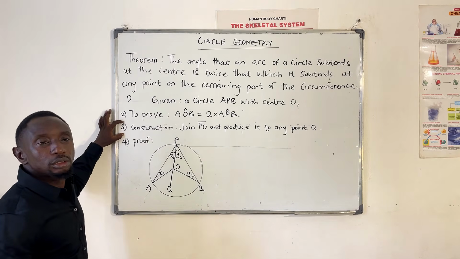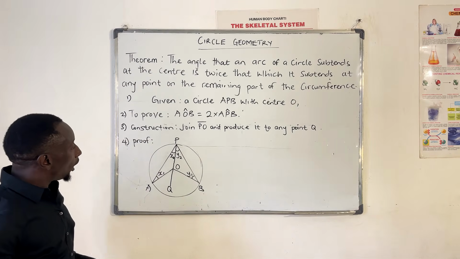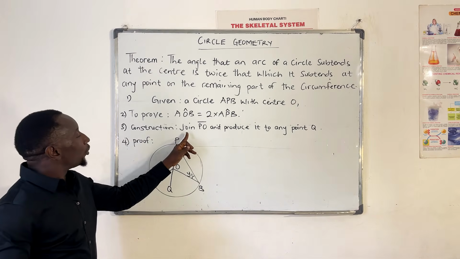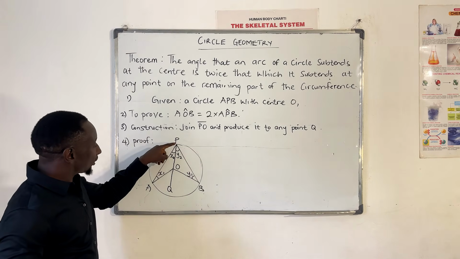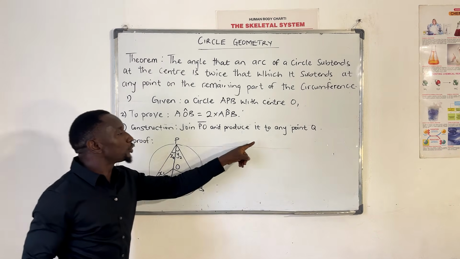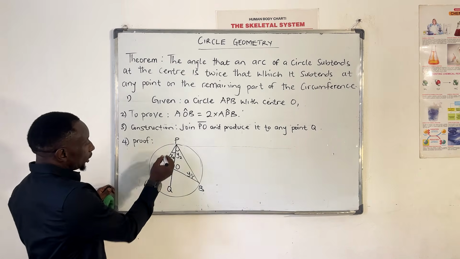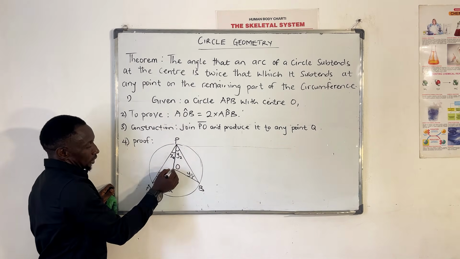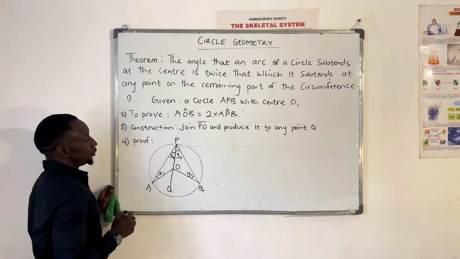The third step or procedure is the construction stage. Here you join PO and produce it to any point Q. As you see on the board, PO has been joined and it is produced toward Q.